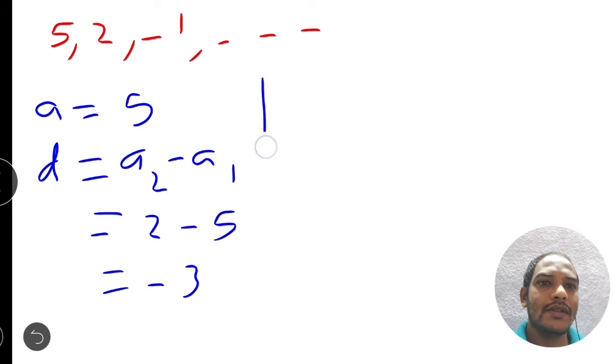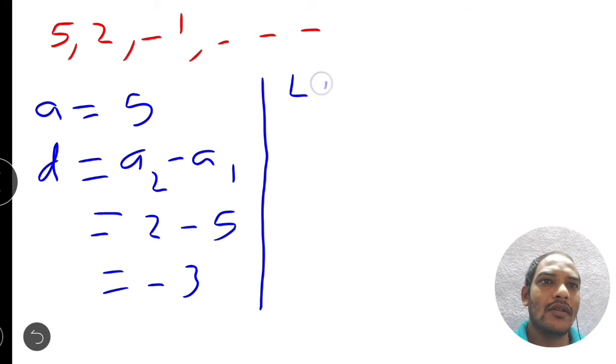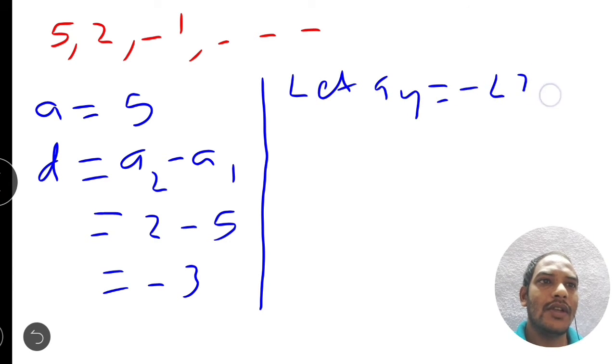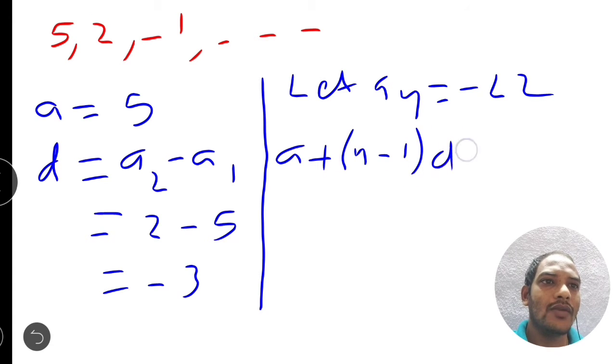So that means let AN equal minus 22. So A plus N minus 1 into D equals minus 22.